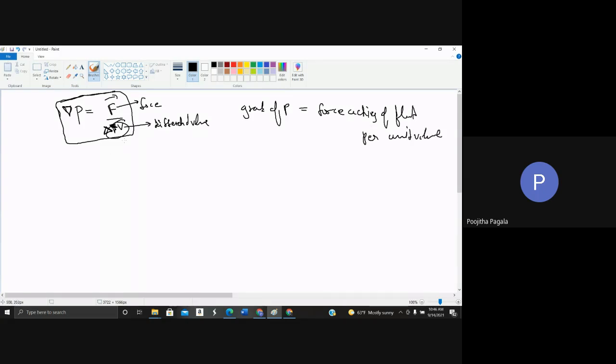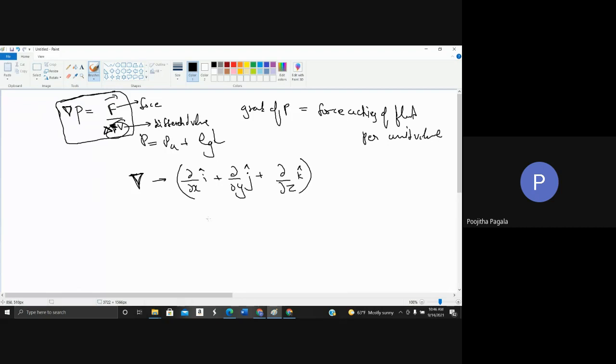Now, using this equation, let us try to derive that P is equal to PA plus rho GH. So what is the del operator? Can anyone tell me what the del operator is? Dou by dou x i plus dou by dou y j plus dou by dou z k. Right. This is the del operator.